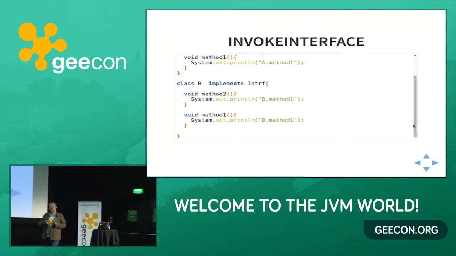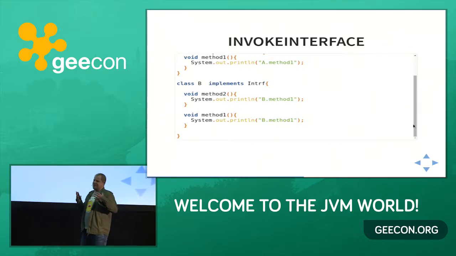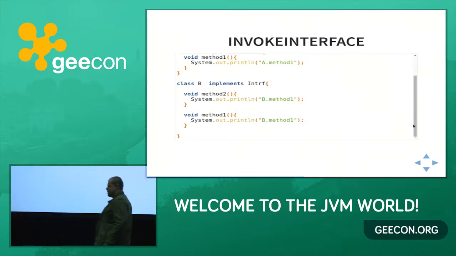Yes, the position of the method in the virtual table depends on the ordering of methods in your code. So it means that this overwritten method will be second, not first in the virtual method table. Okay?